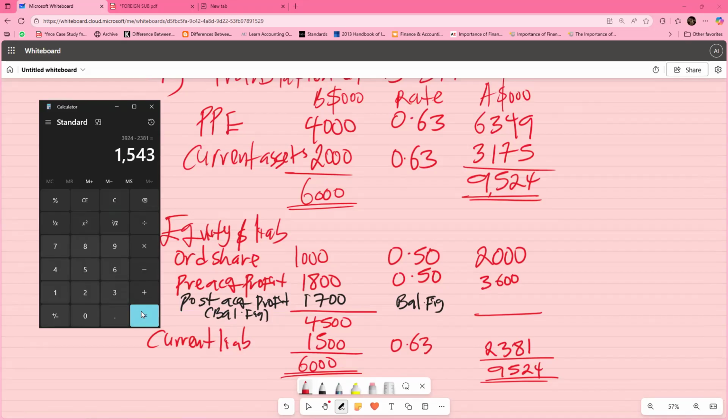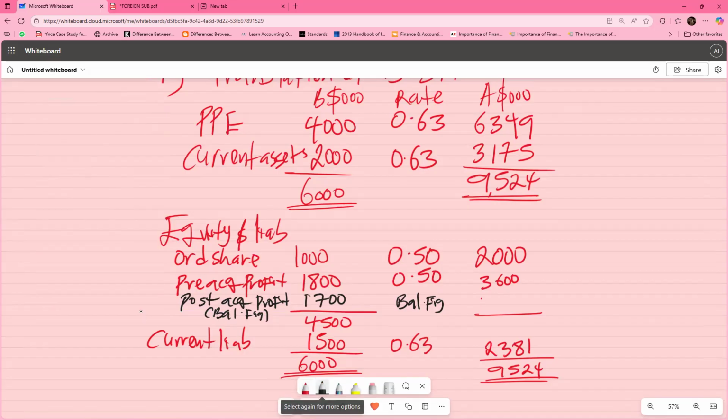Then I have 1543. And this should be 7143. So the post-acquisition profit here is the balance figure.